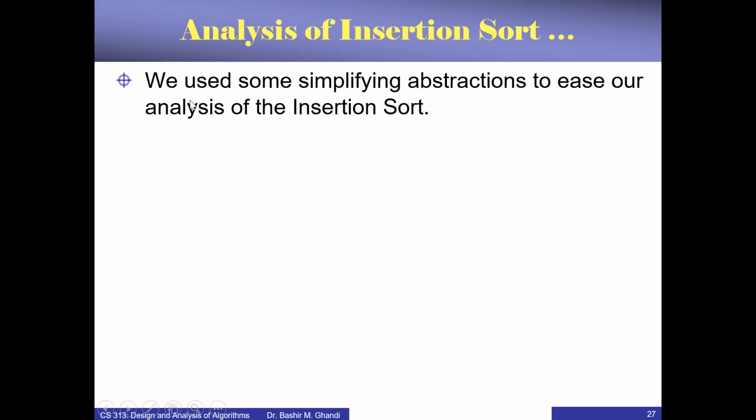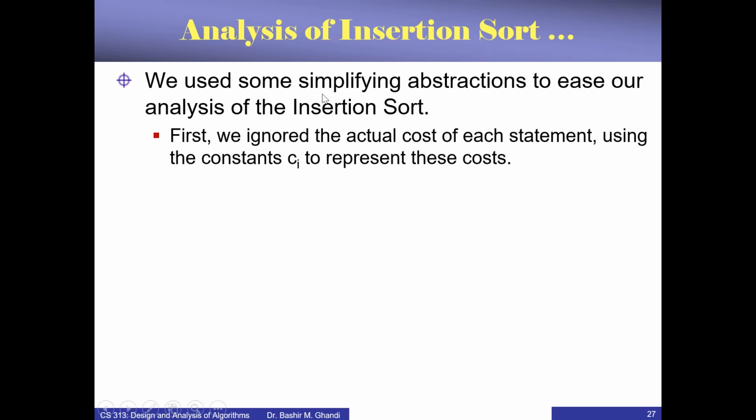Now the other set of points to note is that we use some simplifying abstractions to ease our analysis of insertion sort. This is common in algorithm analysis, and we're going to use it often in this course. What are some of those simplifying abstractions? First of all, we ignored the actual cost of each statement by using constants c1, c2, and so on, instead of looking for the actual cost.